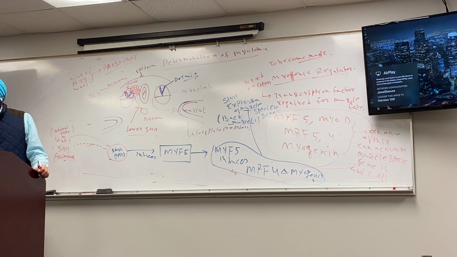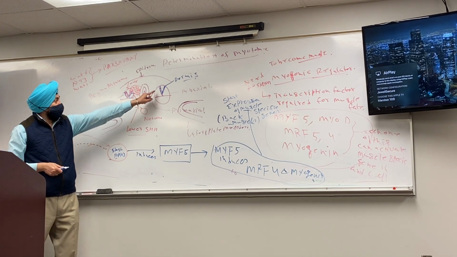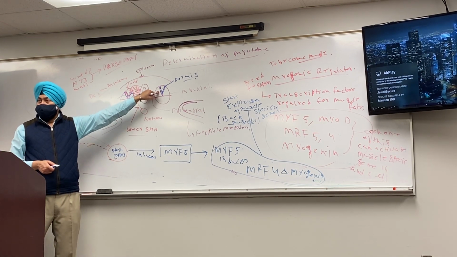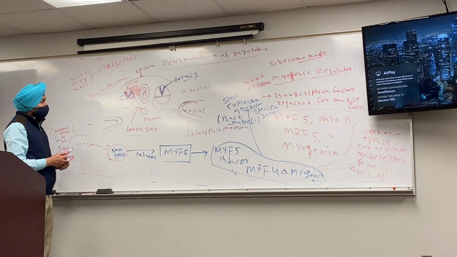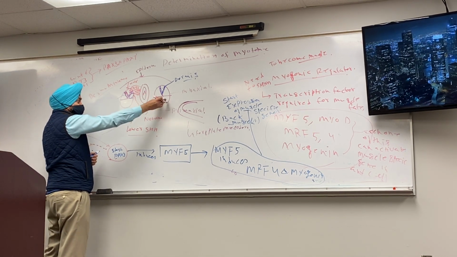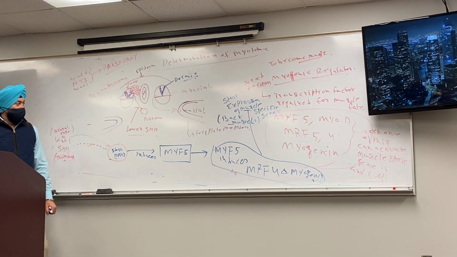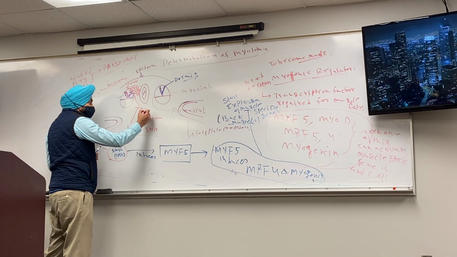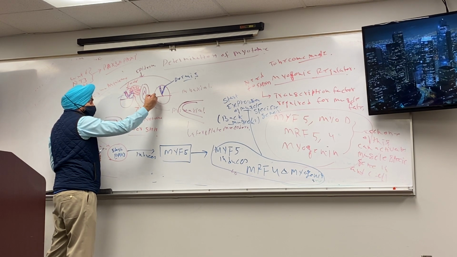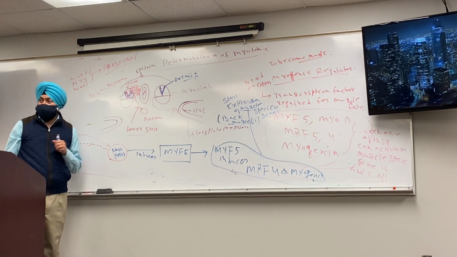Making sense? Now, coming to the primaxial area. Now the primaxial area is away from the notochord, not as close as this area was. Okay? Now, you get the sonic hedgehog signaling, but sonic hedgehog signaling is weak. Very little sonic hedgehog comes here.